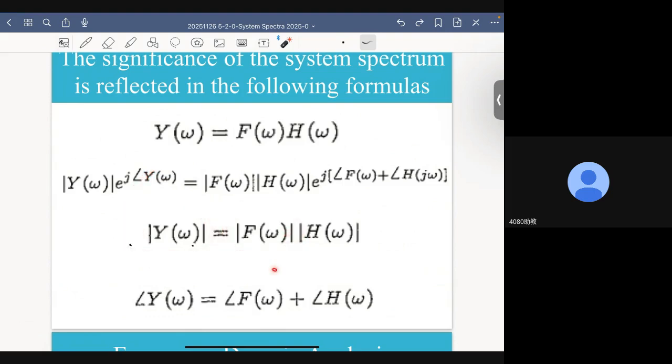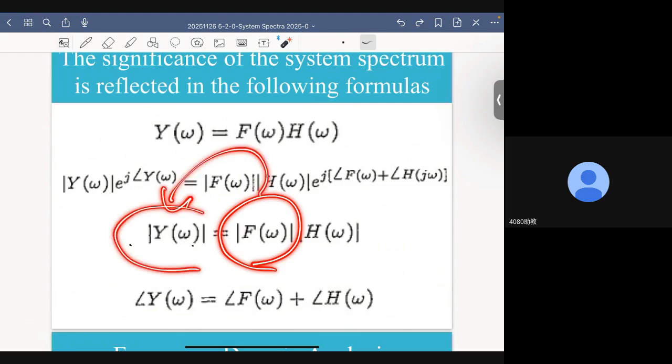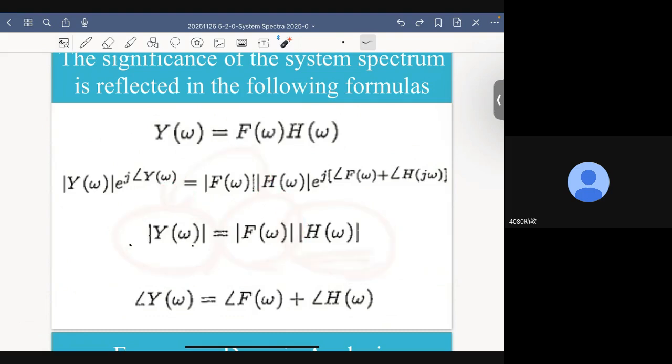But how do I go from the amplitude spectrum of the input to the amplitude spectrum of the output? What is the role of the system? The role of the system is this: the system can revise the amplitude spectrum of the input by multiplying by the amplitude spectrum of its own transfer function.